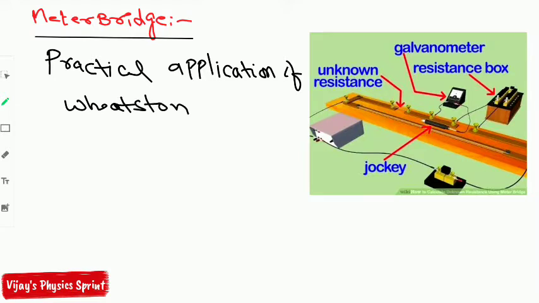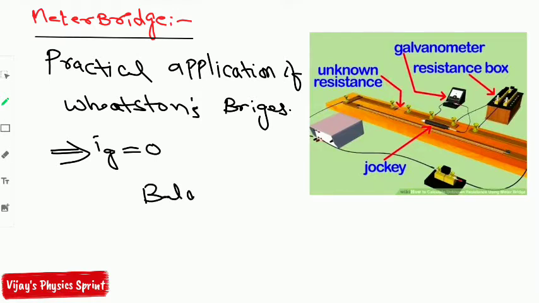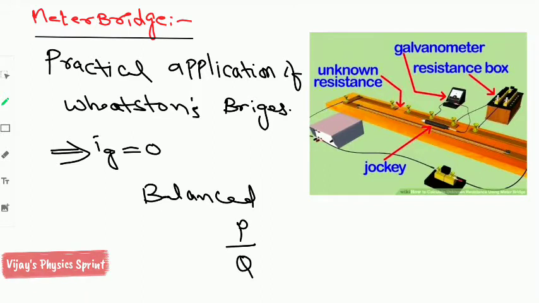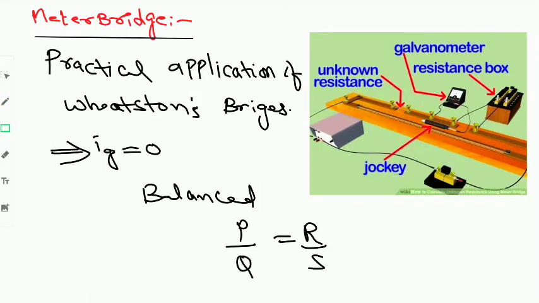The Wheatstone bridge consists of four resistors connected in a quadrilateral shape. When the current through the galvanometer is zero, that is Ig is zero, we achieve the balanced condition. The balanced condition in the Wheatstone bridge is P by Q equal to R by S, or R1 by R2 equal to R3 by R4, the four resistors.